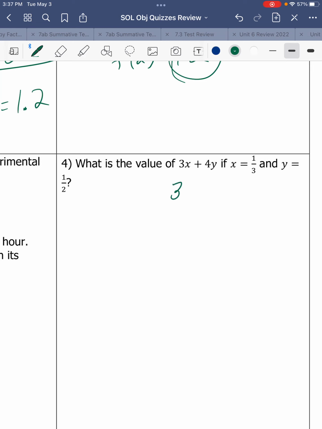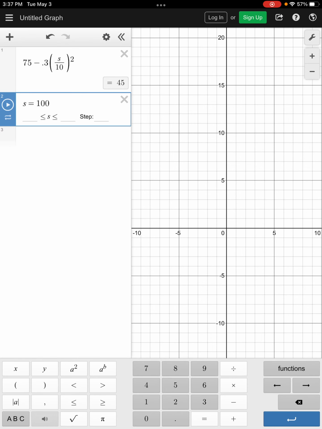So instead of x, I'm going to have a, and instead of y, I'm going to put b. You can change it to whatever you want. So the x is 1/3, the y is 1/2, so that's my a, b. Make sure you write it down. If you don't write it down, there's a good chance you'll get it wrong. So why not just write it down? We're visual people, most of us at least.